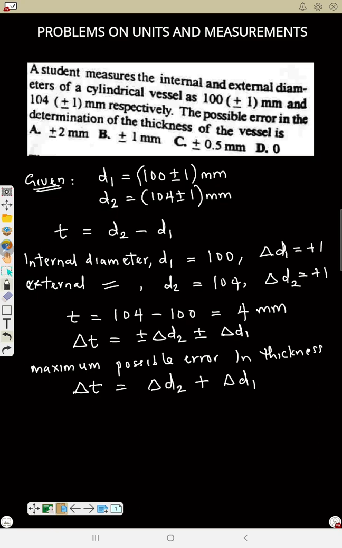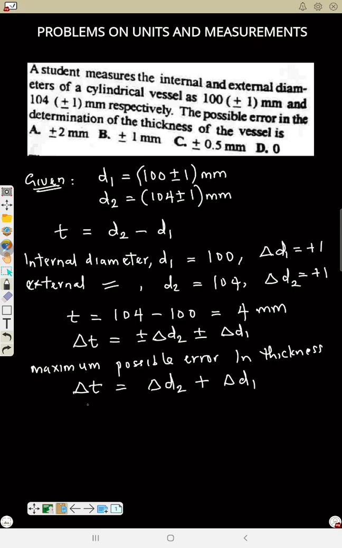But the real thickness here is 4, so the maximum error in the thickness is delta t. But if you look at the question here, we already see that this one is our maximum error for d1 and d2.